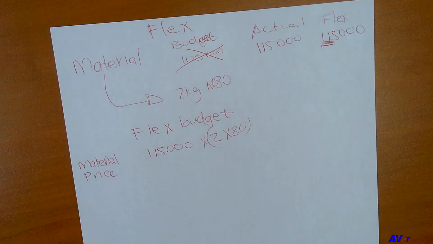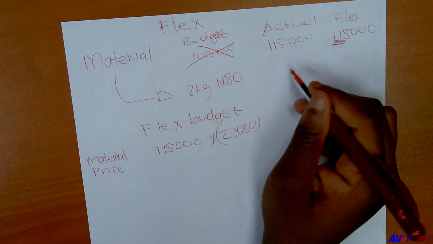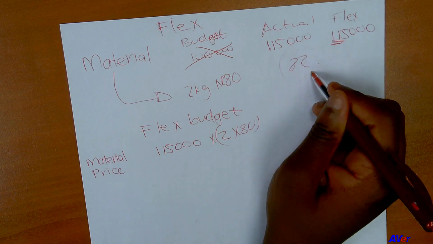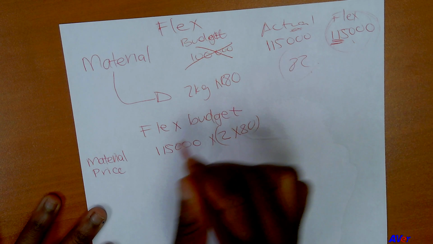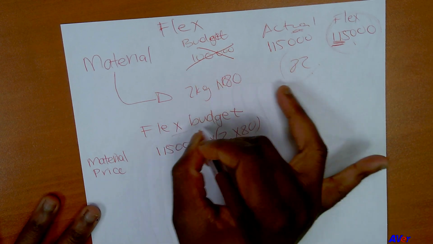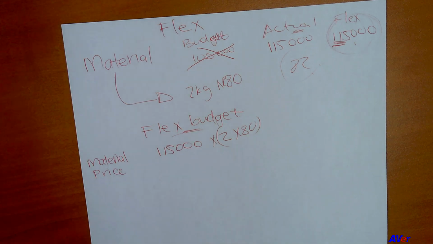Right? So now you're saying, I am not going to look at the actual, which is for example 82 rand. I'm not going to look at this 82 rand. I'm going to look at this 115, which is what we actually produce, but I'm going to apply my budget principles or my standard principles to be able to make a fair comparison.